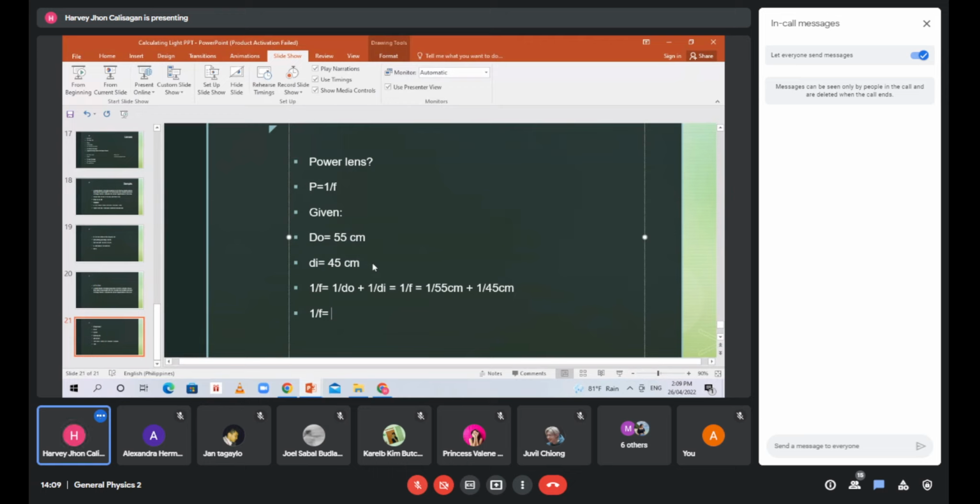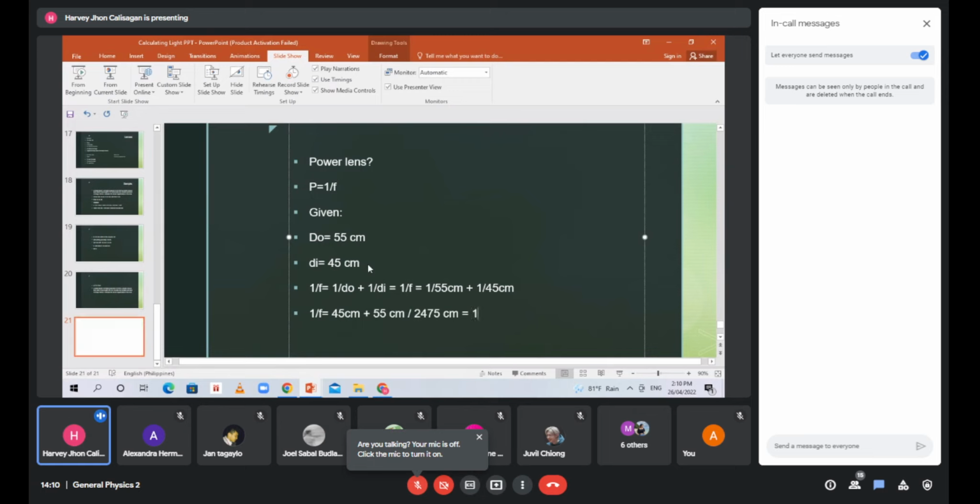So 55 times 45 is 2,475 as our common denominator. When we cross multiply, 45 centimeter will be added by 55 centimeter, and then divided by our 2475 centimeter.